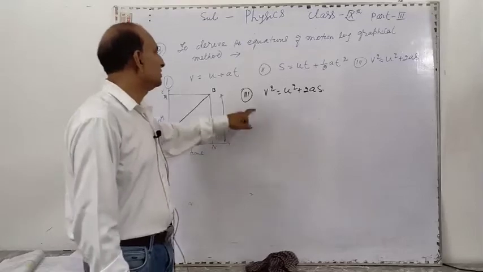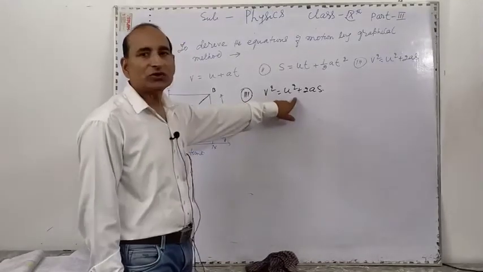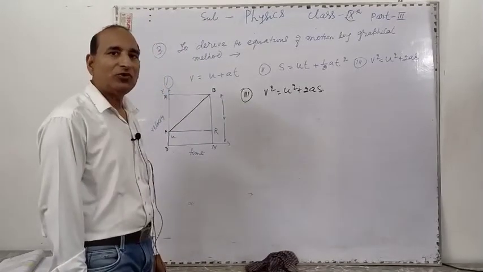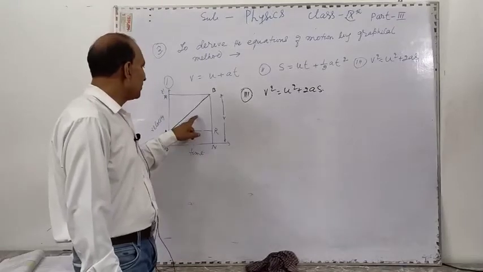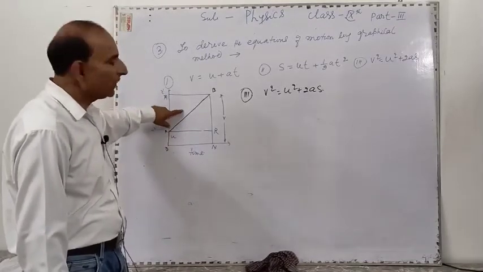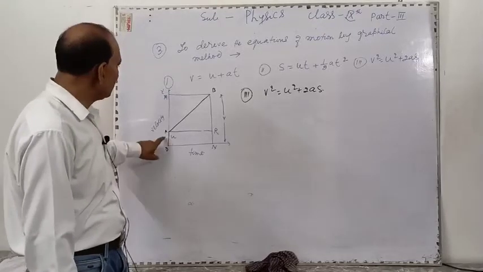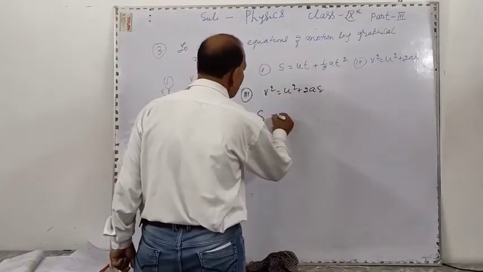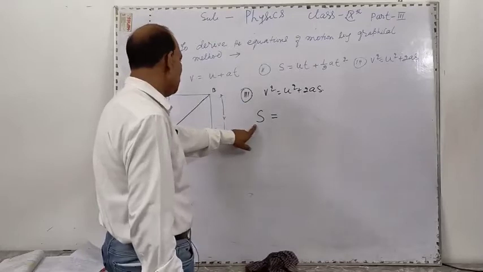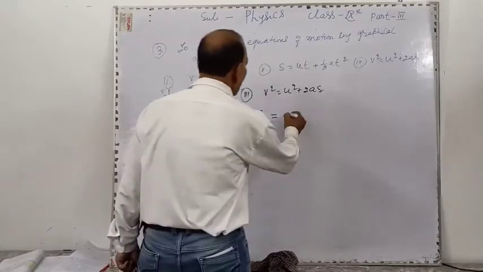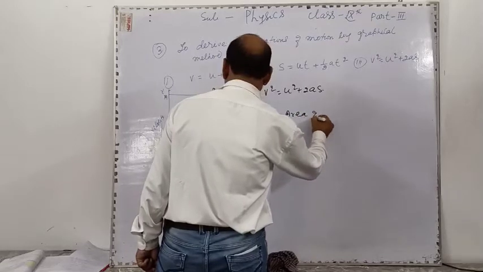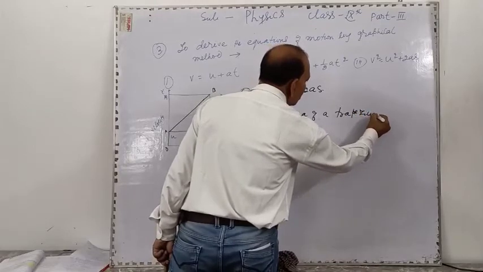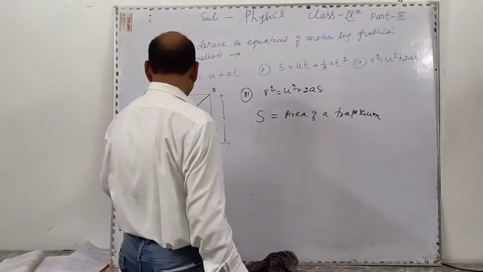And the third equation is V square is equal to U square plus 2AS. You know that the distance covered by a moving object is the area enclosed by the graph and the time axis. Therefore, in the given graph, the distance covered by a moving object, which is S, is equal to area of trapezium OABN.